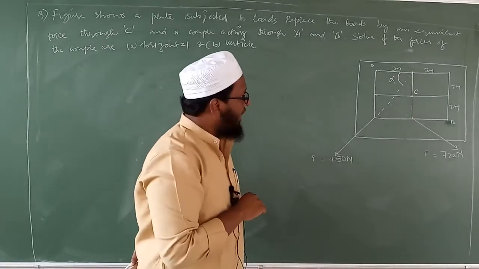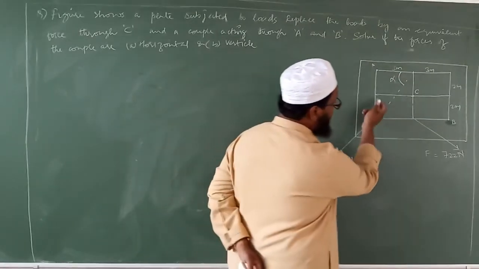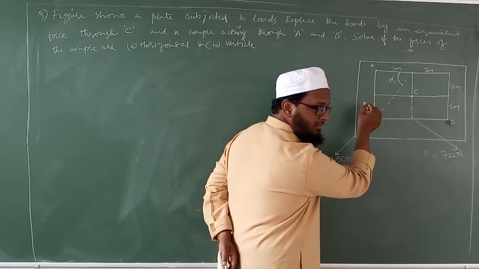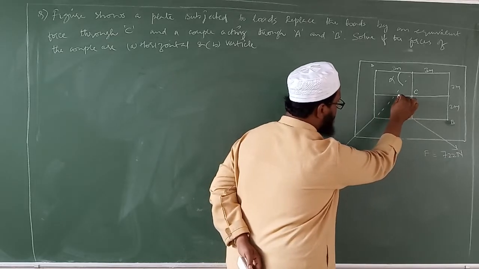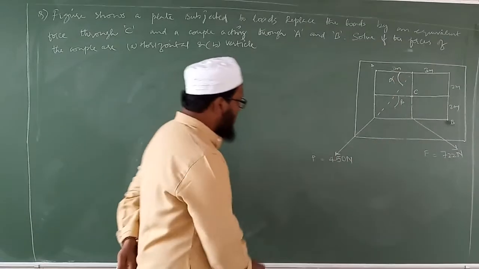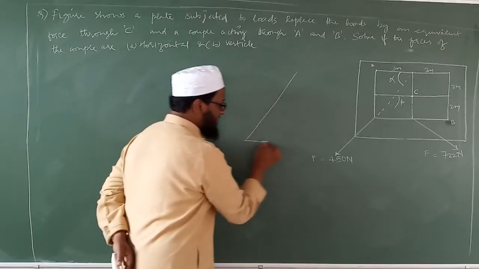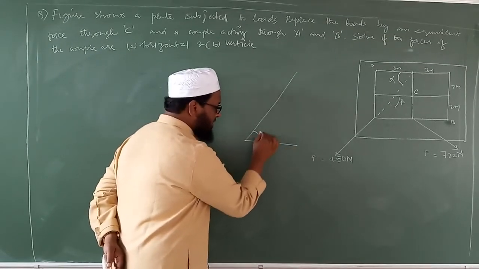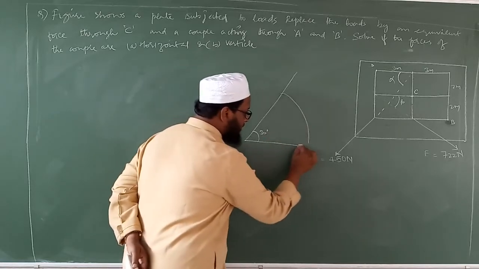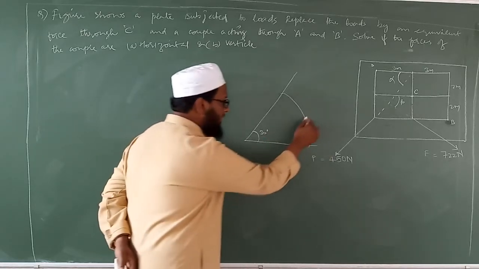And for another one, shall I fix it here or there? At the top, isn't it? I'll make this beta. Many students will have this confusion also. Suppose this is 30 degrees. What about this angle? 30 degrees only.